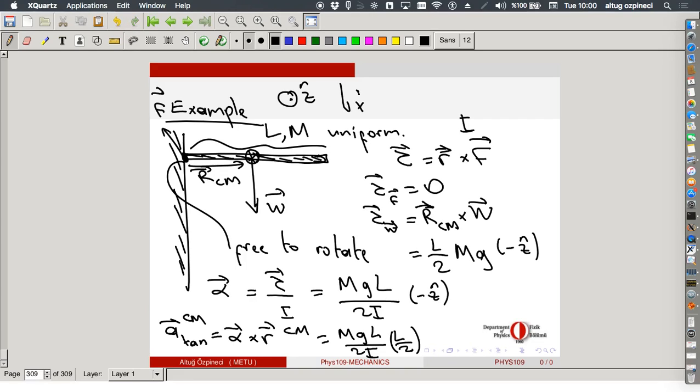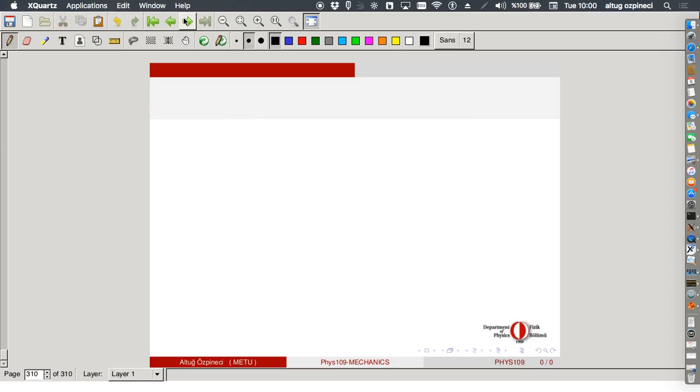Let's say it is the x direction. The tangential acceleration of the center of mass is equal to mgL squared over 4I in the x direction.